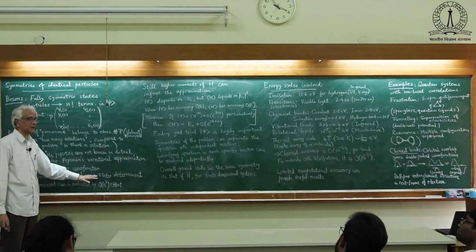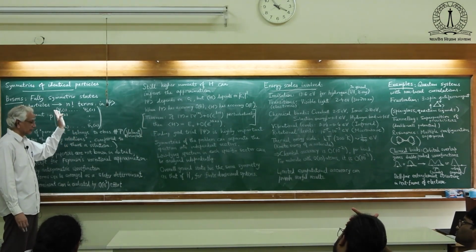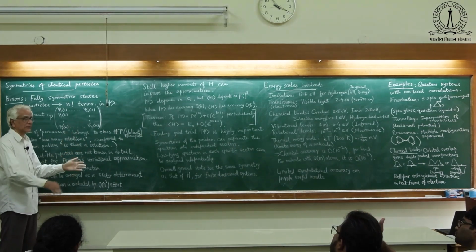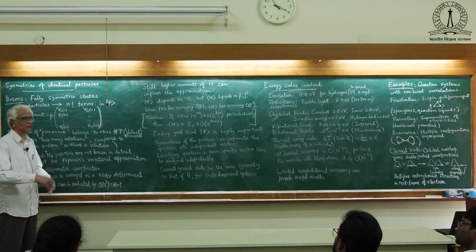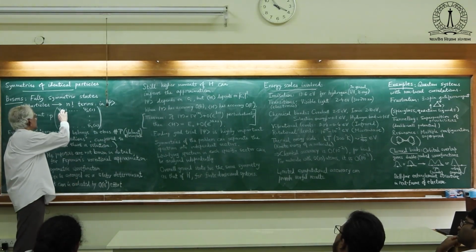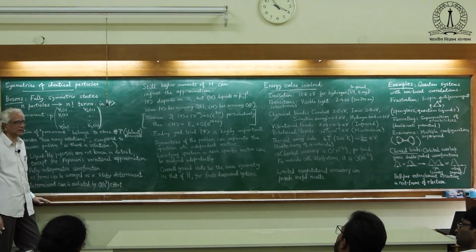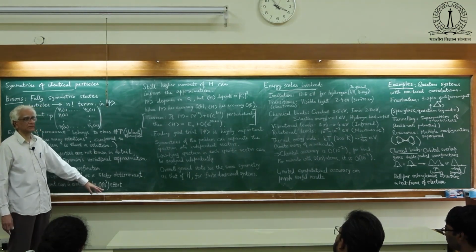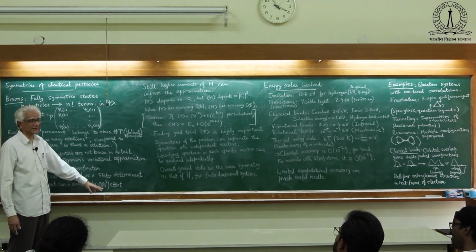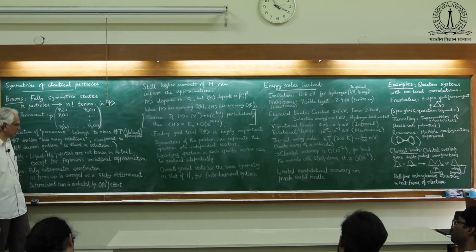Even though there are n factorial terms sitting in the full expansion, we can take this matrix, do a Gaussian elimination, subtracting one row from the other, which doesn't change the value of the determinant. You will convert it into a triangular matrix, and for the triangular matrix, the value is just the product of the diagonal elements. So the determinant is very easy to evaluate for the case of fermions, not for the case of bosons.